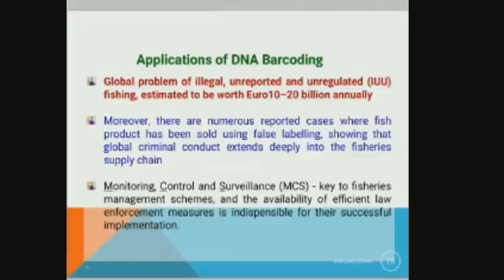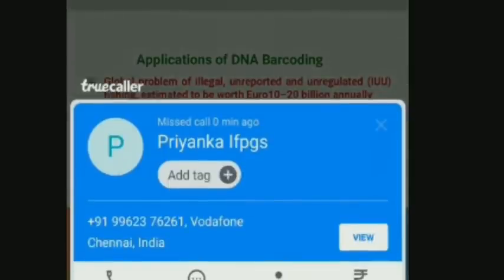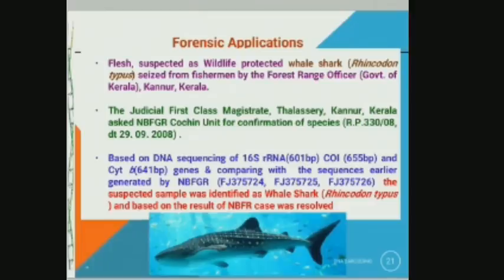For this monitoring mechanism to be in place, it is essential to have proper species identity at the initial level itself. For that aspect also, DNA barcoding should be of much more utility. Again, there are forensic applications as well.